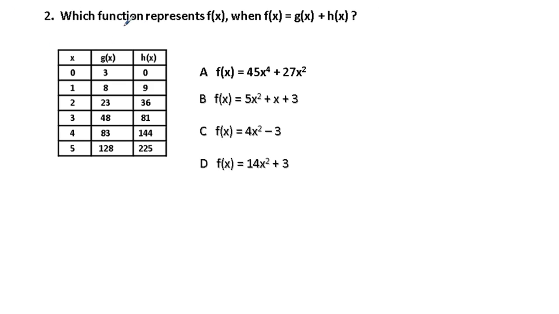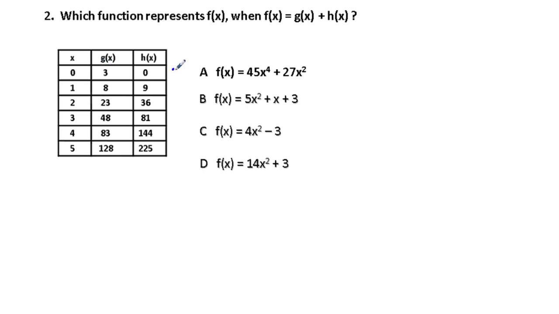Okay, here we go. Which function represents f of x when f of x equals g of x plus h of x? Well, there are a lot of ways to do this problem. Probably the easiest way is to go ahead and add these two columns together.